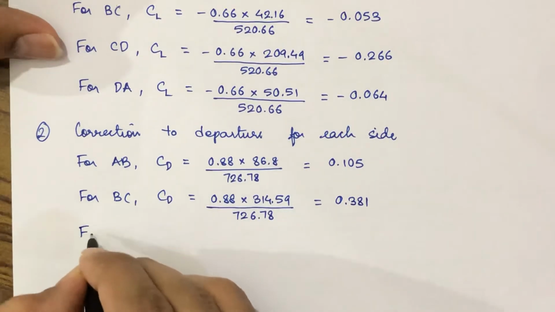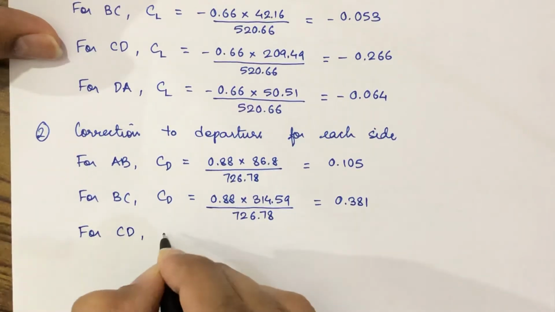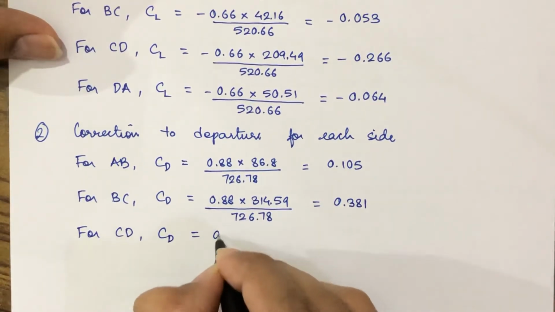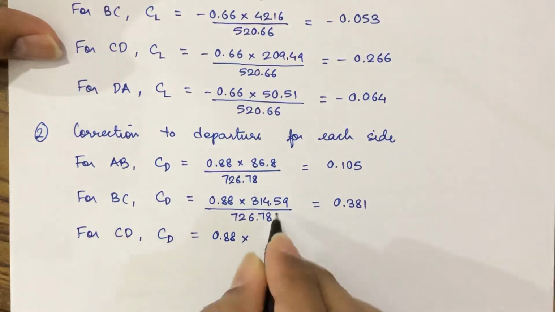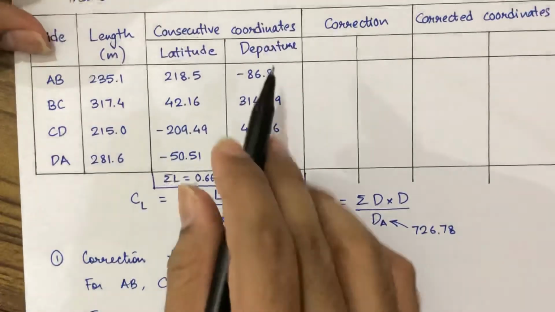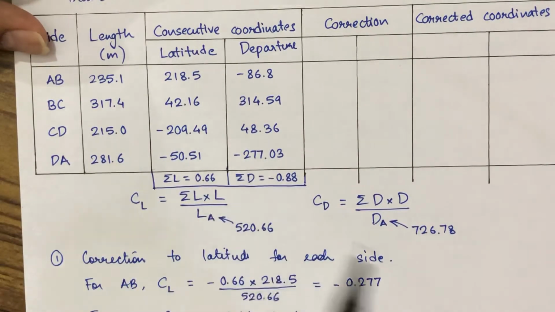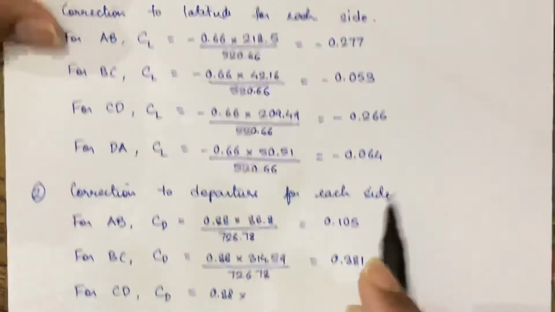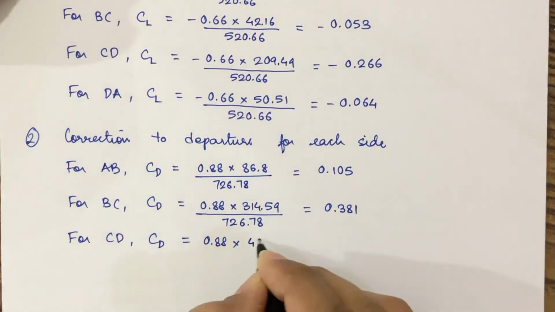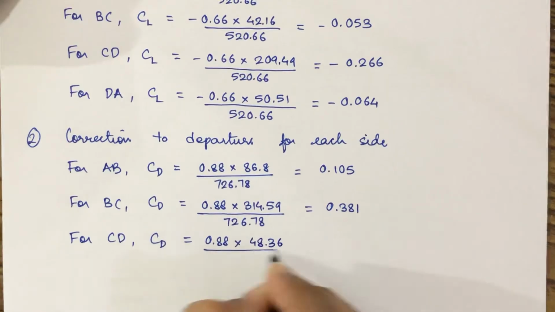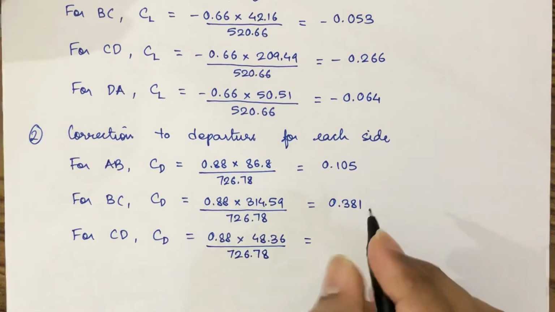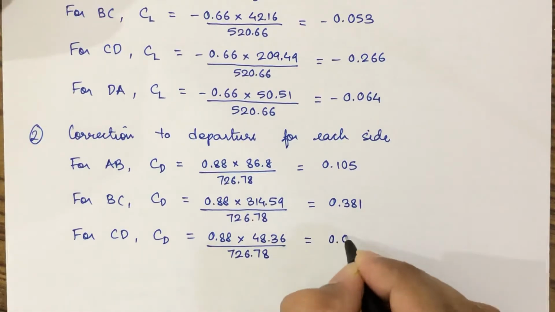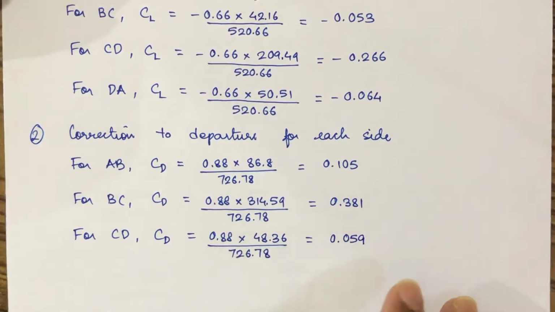Then for side CD, the correction to departure is 0.88 into departure of CD. Departure of CD is given as 48.36. So substituting 48.36 over here, divided by 726.78, this value is 0.059.